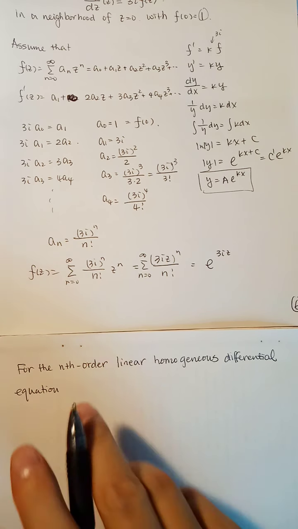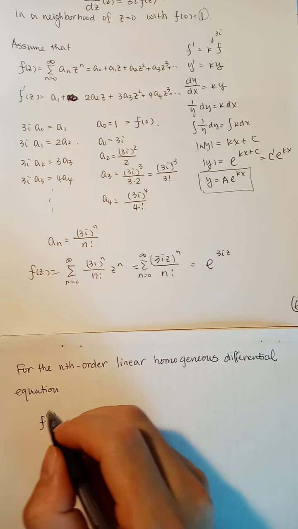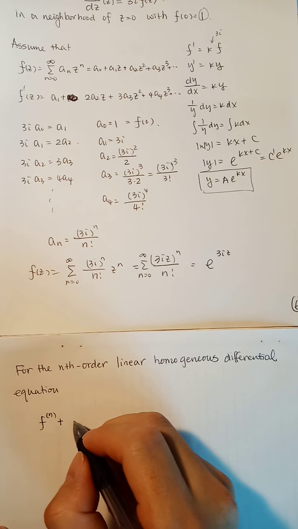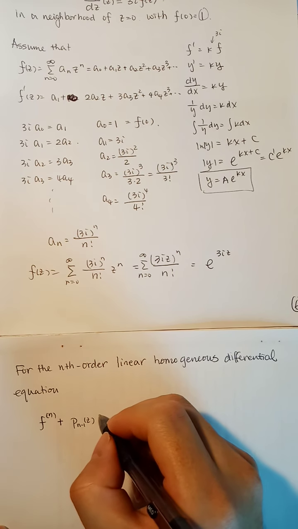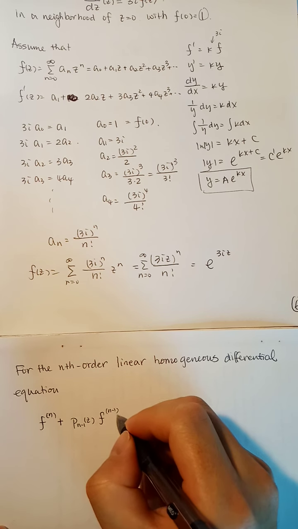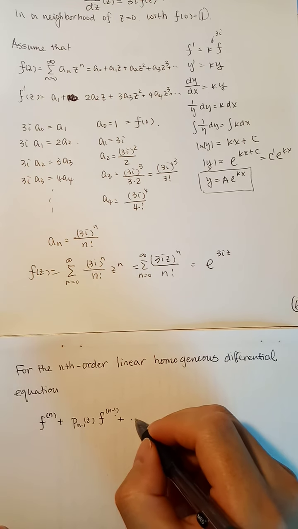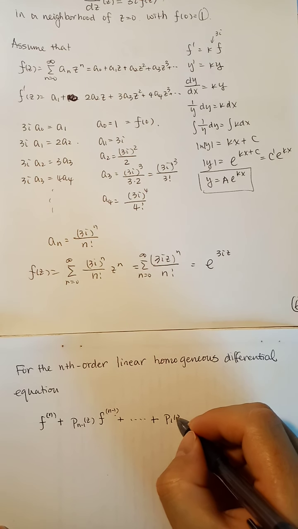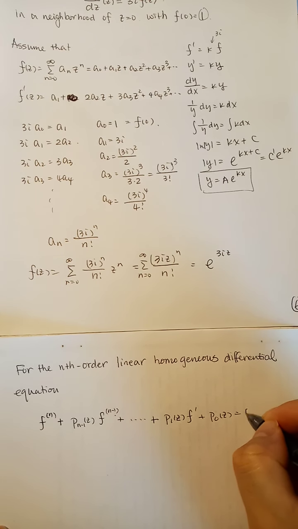Okay, so that's the name. Now let's see what the meaning is. The nth derivative, plus P n minus 1 of z times the n minus 1 derivative, and so on, down to P1 of z times f prime, plus P0 of z times f, equals 0.